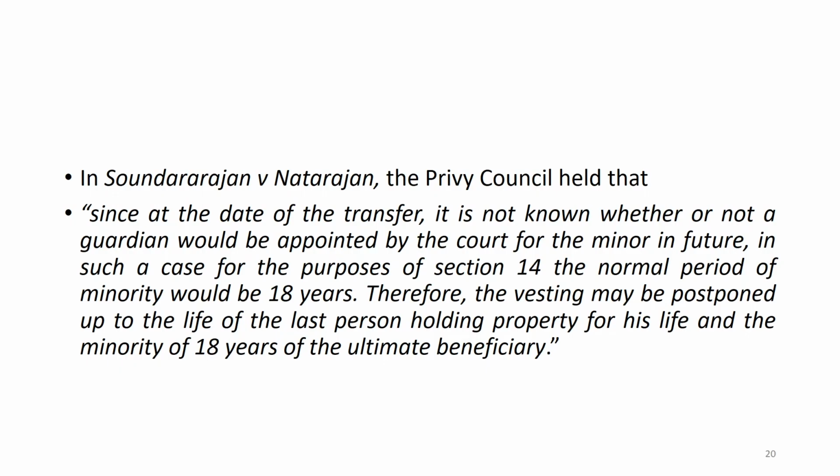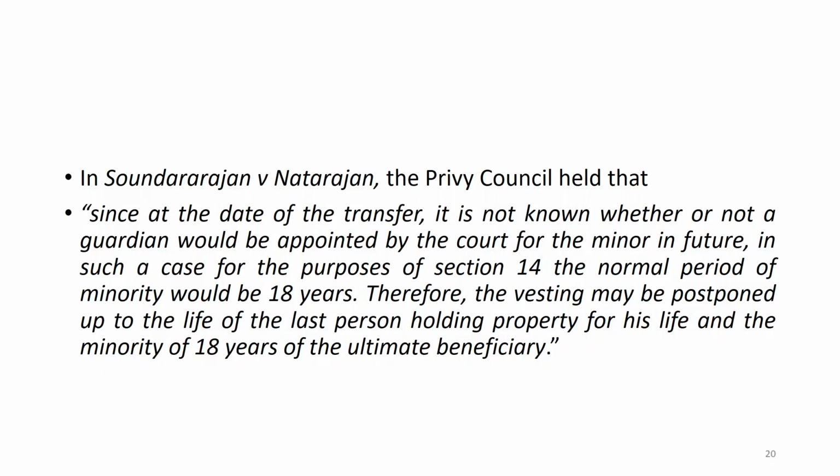That means, if there is a confusion about who is the ultimate beneficiary and what will be the last remoteness, then in that case what has been said is that if the court has not appointed a guardian, or there is a confusion whether it is 18 years or 21 years, the court says take 18 years, which is a general rule.